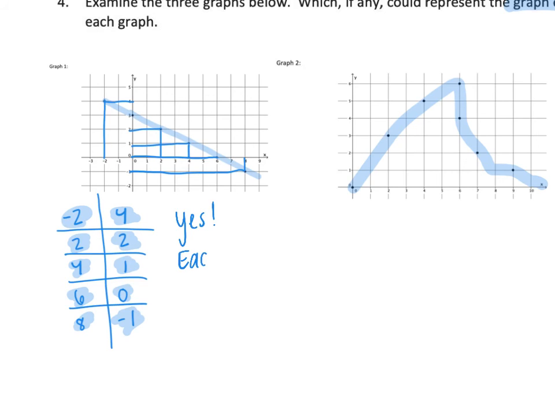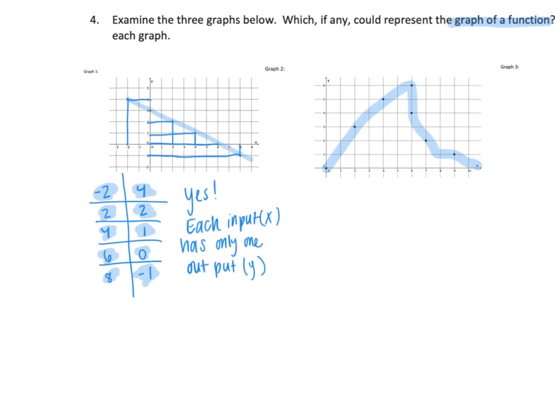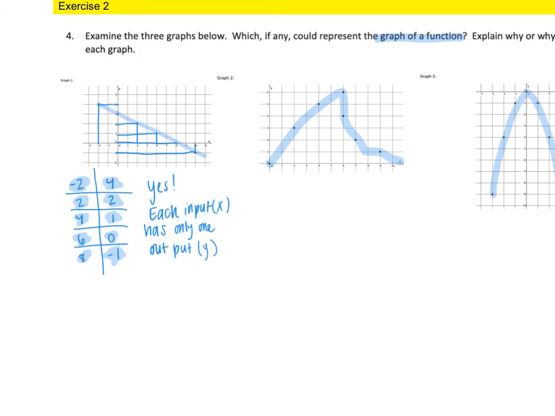Each input has only one output. Okay? Let me know if you have any questions there. We're going to move to the second graph.